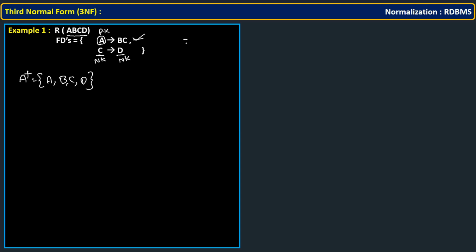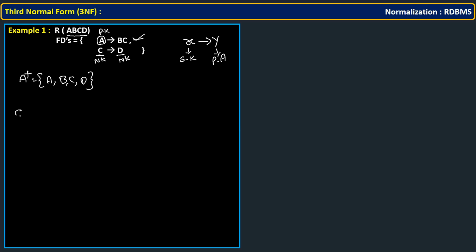So that is what we have in the definition: either X must be a super key or Y must be a prime attribute. In these two, we are not satisfying either one. So this is a transitive dependency, right? A derives C, C derives D.